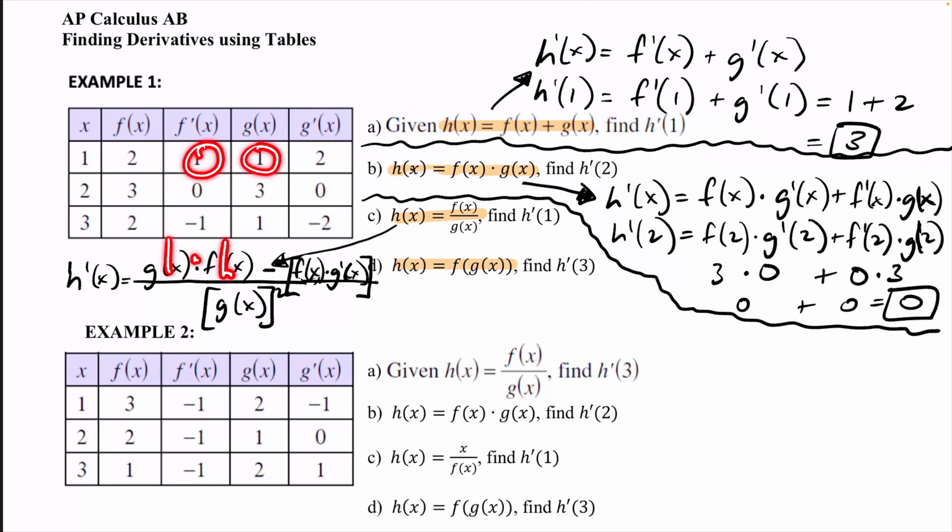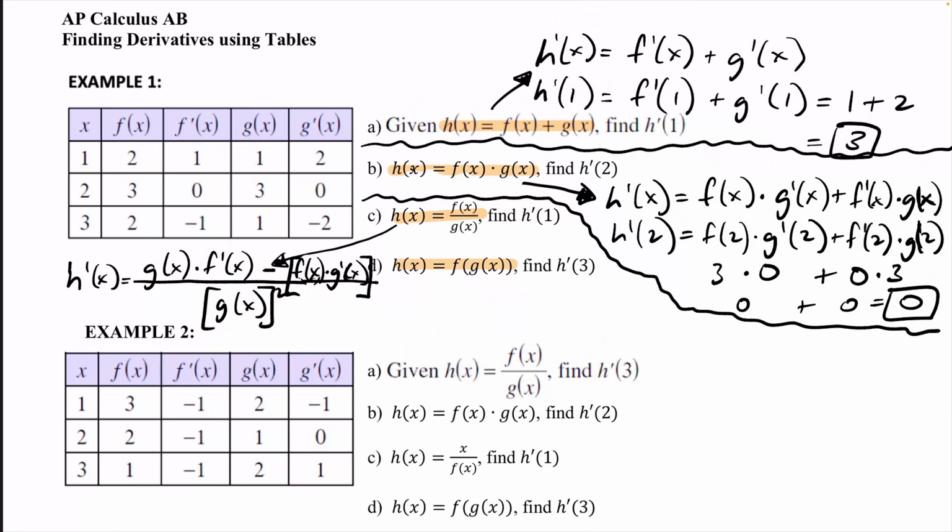Minus f of 1. F of 1 is 2 times g prime of 1, which is also 2. So this would be 2 times 2. And then g of 1 is 1 again. So you'd have 1 squared down here.